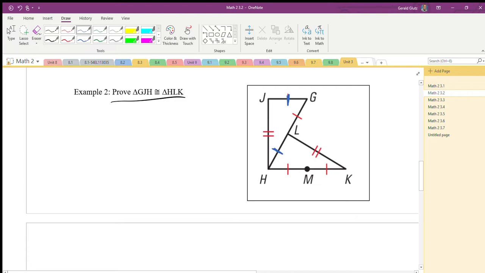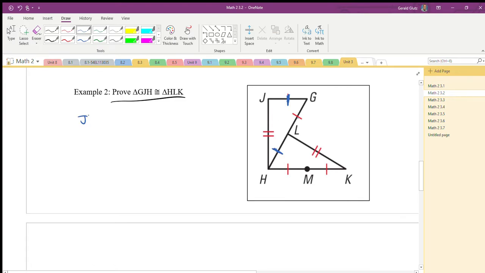So it's important to notice what I am trying to prove. We got a lot of little 1 tick marks here, but I'm trying to look at this, the shortest side of this triangle. My other triangle, this is the shortest side. So I'm trying to prove that those 2 sides are congruent. I don't really care about this side and this side. I only want to know about this and this.